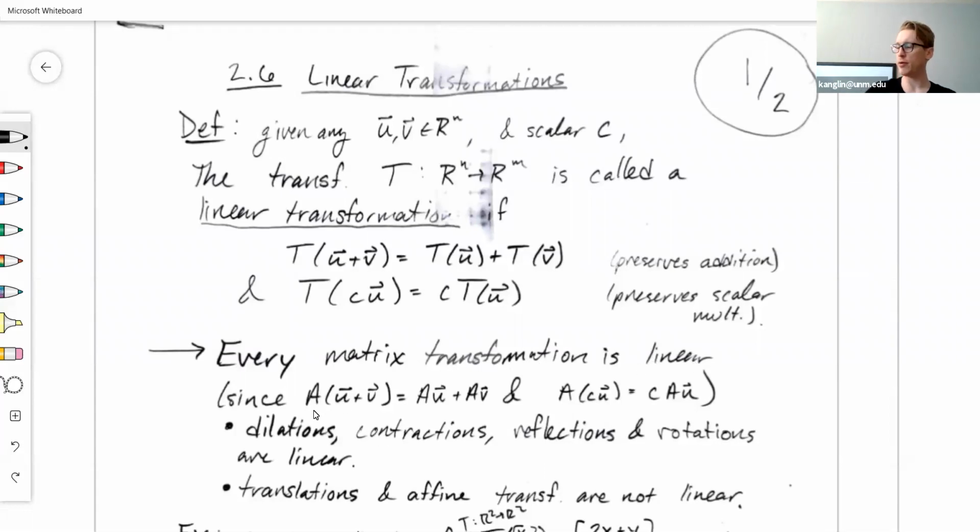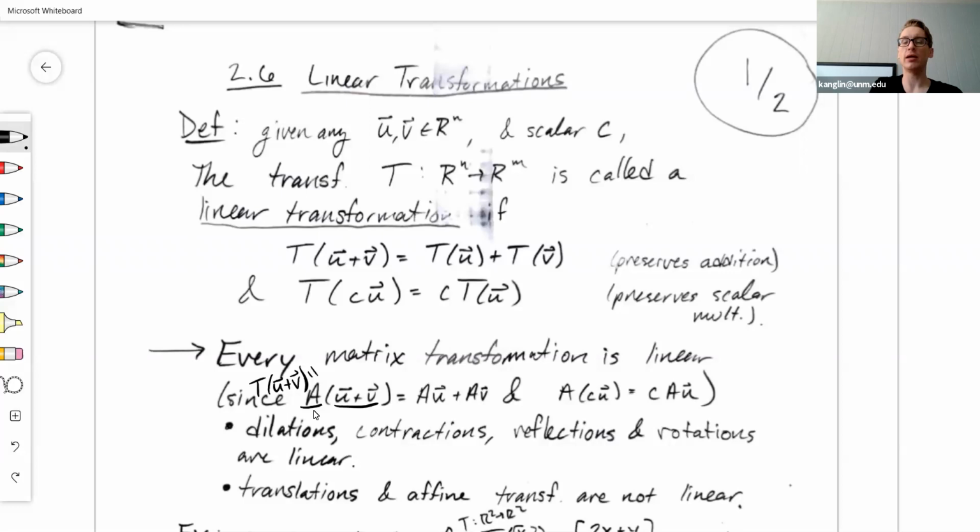And that's just because if I wrote down a matrix transformation T applied to some sum u plus v, for some vectors u and v, we know that can just be written as the matrix A times that same sum. But remember, a matrix does distribute across a sum of column matrices it's multiplying on.